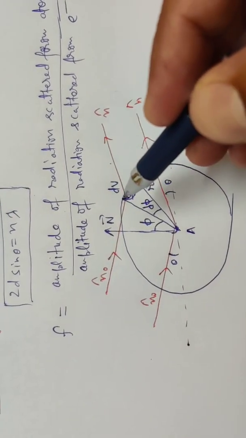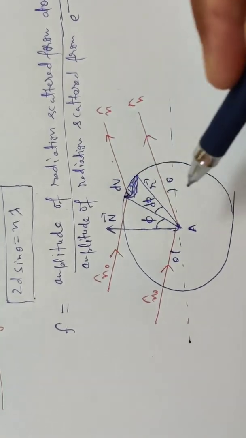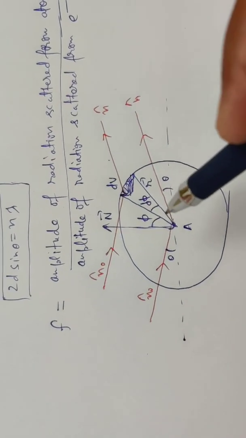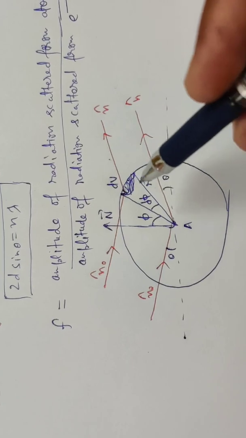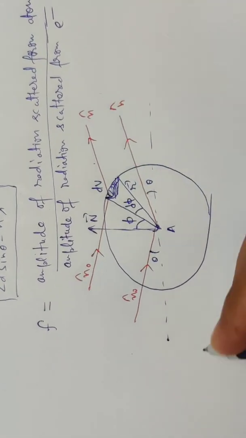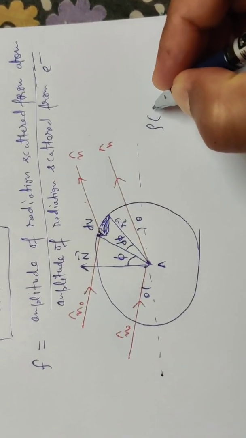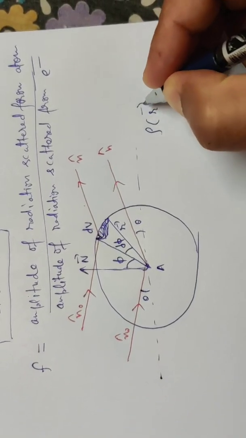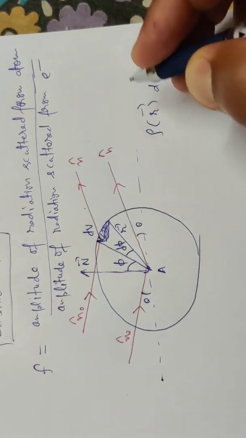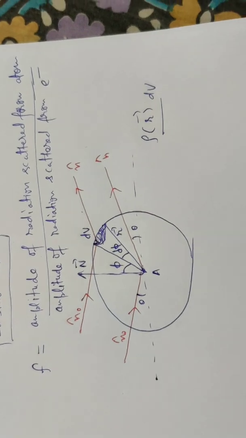This is a small charge volume element dv, at distance r from the center. Then rho r dv is the volume charge distribution.